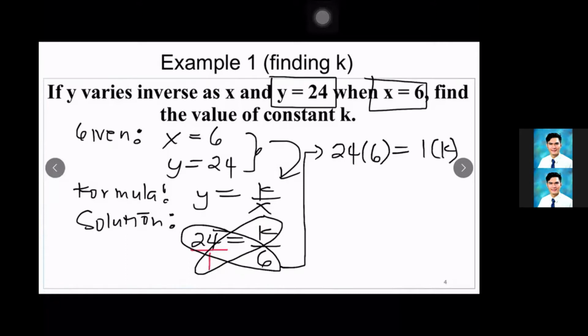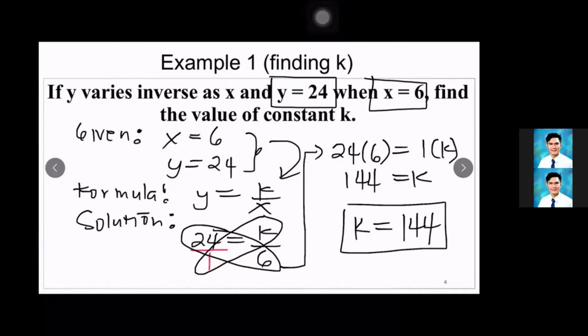Next, we multiply the numbers: 24 multiplied by 6 becomes 144, equals 1 multiplied by k, which is just k. Interchanging them to make it easier to read, k equals 144. Therefore, k is 144. This is the value of k. So this is the entire process in identifying k in inverse variation.